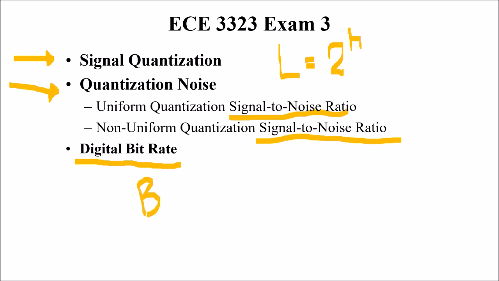The bit rate is equal to the sampling rate in samples per second, multiplied by the number of bits per sample. So samples per second times bits per sample gives you bits per second as the bit rate.